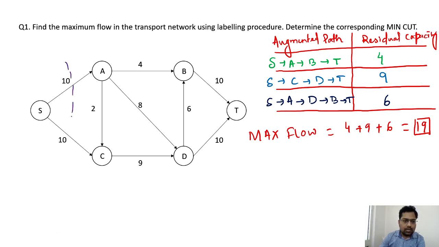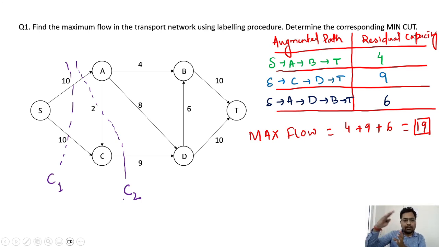you can go for the dots also, or a cut could be written in this way. Whenever we are focusing on C1, S will be on one side and the rest on the other side. When we focus on C2, the other half will be A, B, D, T, and the other side is S, C. Clear?